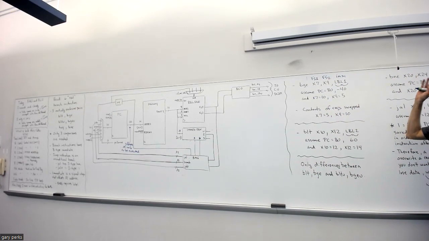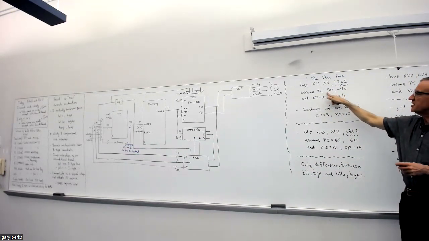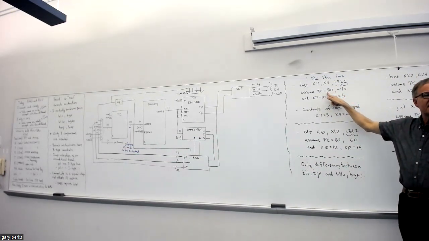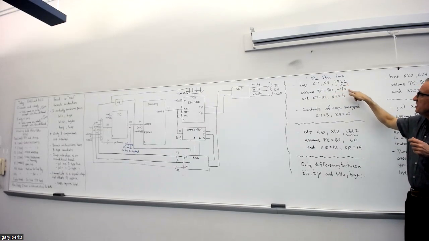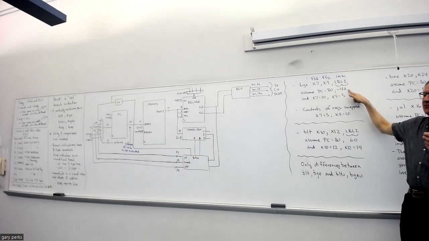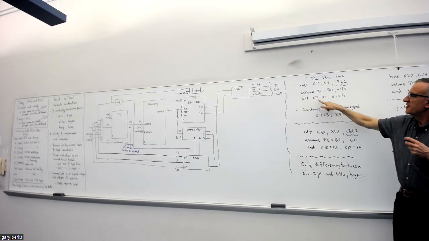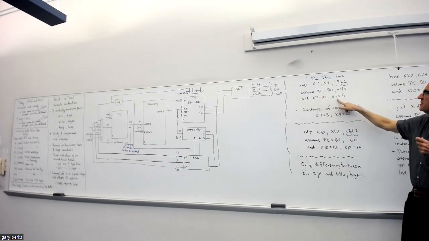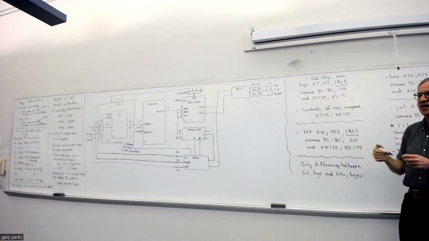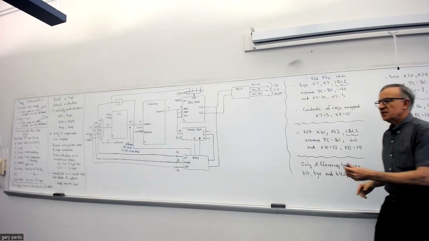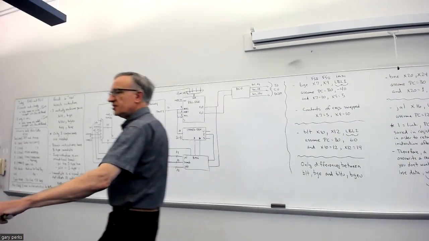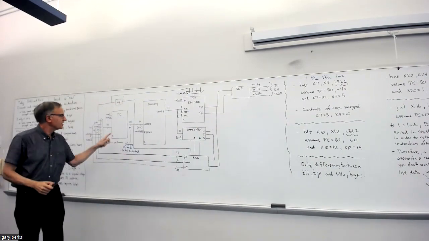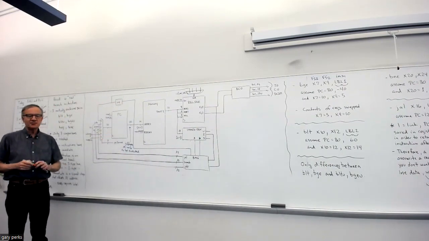Okay, just for the sake of example, we're going to say that the program counter is at 80. This immediate is integer minus 40. We're going to say that the contents of register 7 is 10, and the contents of register 9 is 5. Let's start at the output of the program counter, because that's where the address of the instruction to be executed is.